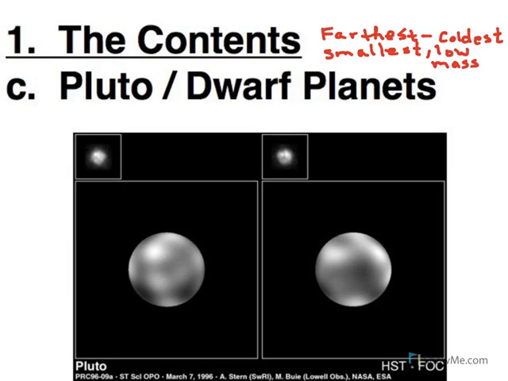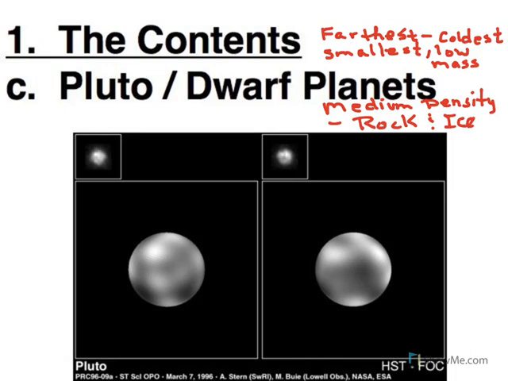And then the composition, the density, has a medium density. And from that, we have figured that its composition is a mixture of rock and ice, which is much more like a comet than like either the terrestrials or the Jovian planets.